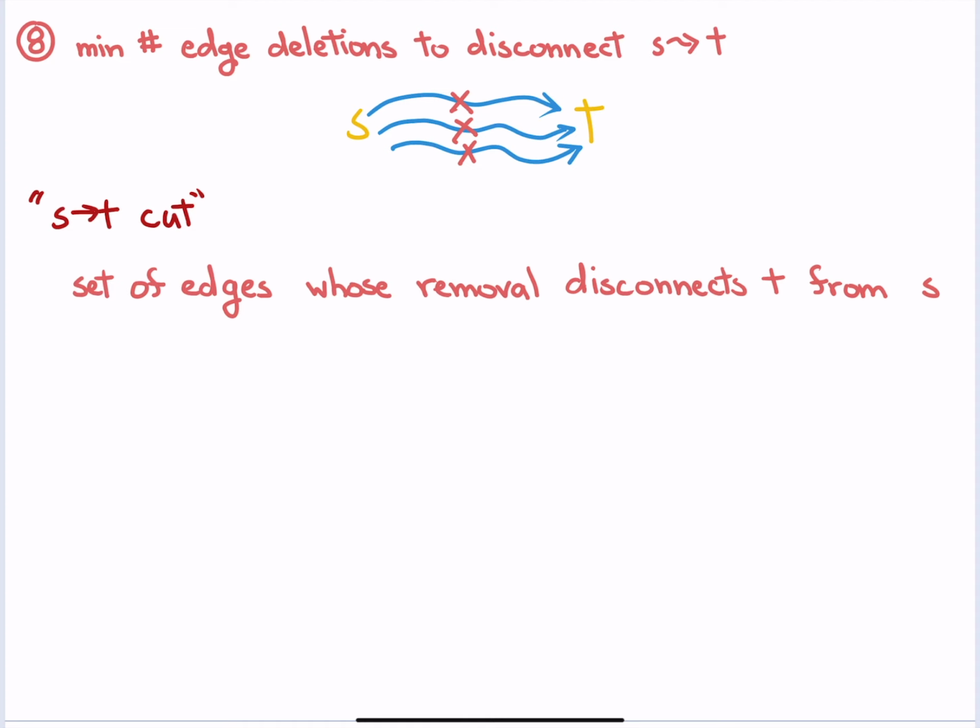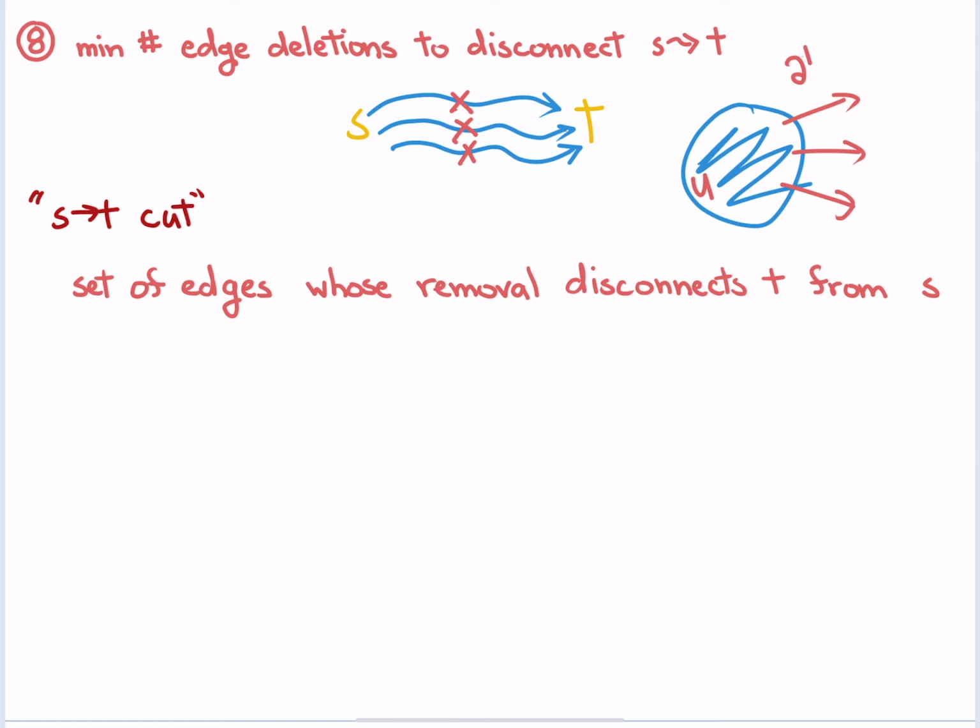In general, a cut is really a set of edges, but often you have a set of vertices over here, let's call this U, and the cut is the edges leaving it. The edges leaving U are sort of the outcut, so to speak, and it will sometimes be denoted as delta plus U. So all the edges leaving U form a cut in the sense that if I remove them, you can't leave U anymore. It'll cut off U from the rest of the graph. So an ST cut refers to a set of edges such that if I remove it from the graph, I can't get from S to T anymore.